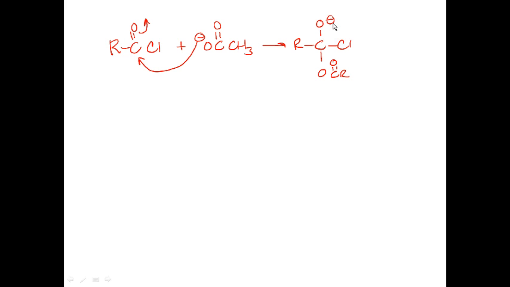Bring this pair of electrons down, kick the chloride off. Voila, anhydride. You could also just react the acid chloride with the carboxylic acid, and this oxygen would be somewhat nucleophilic in order to do that reaction, but this would be the best.